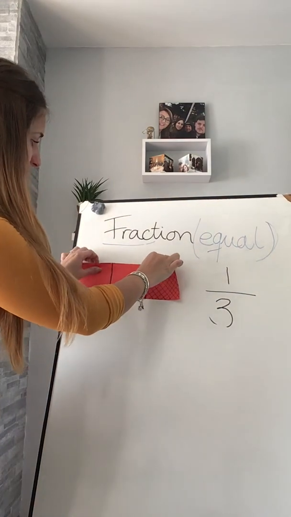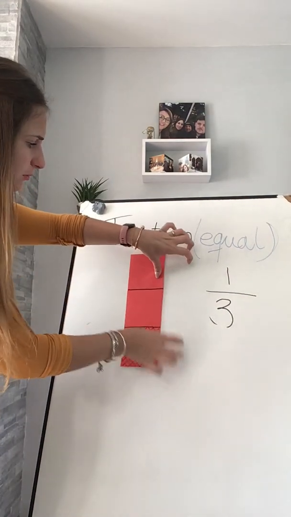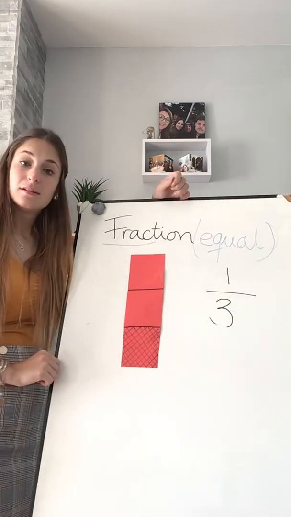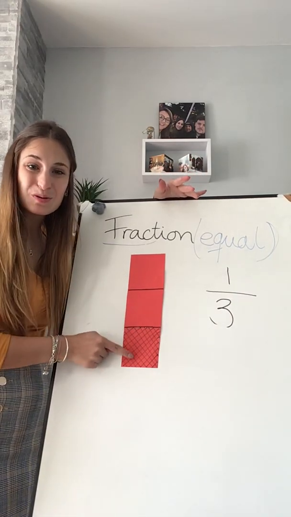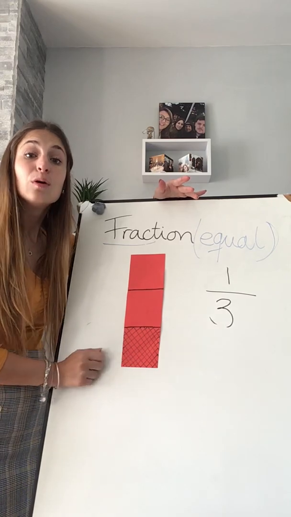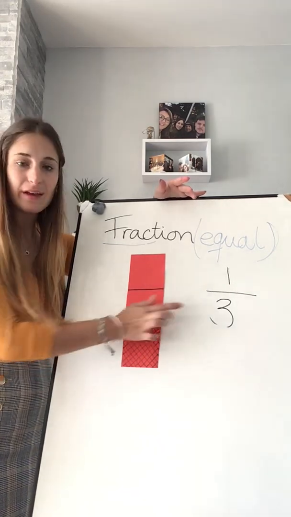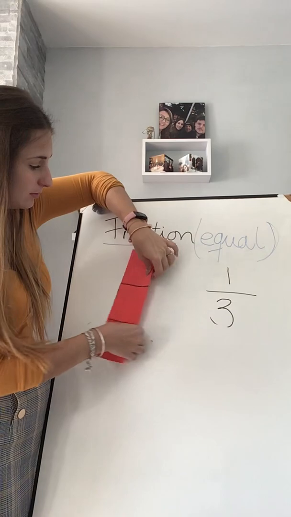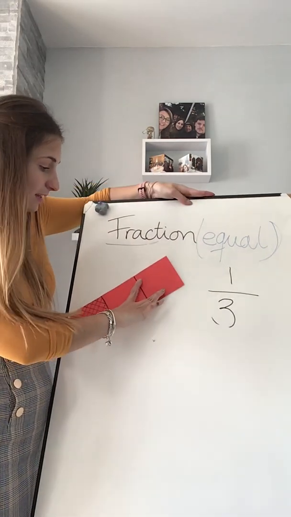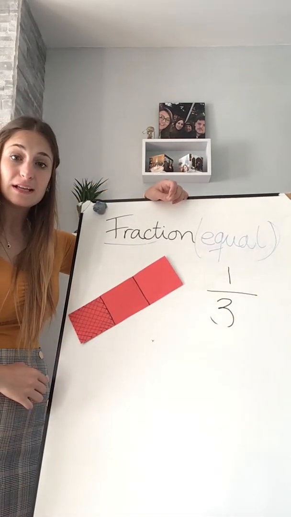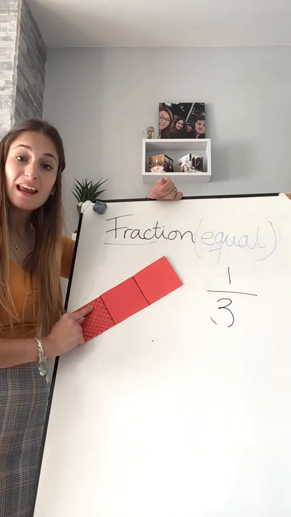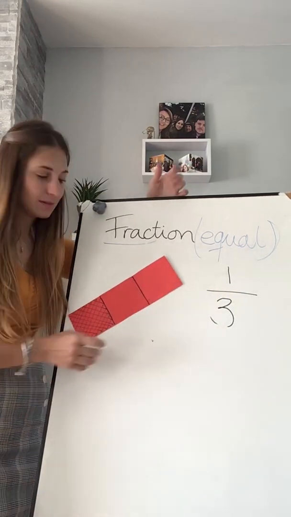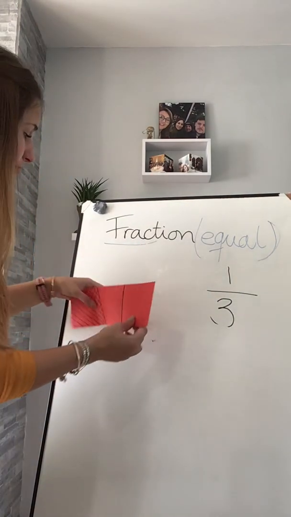How many equal parts? 1, 2, 3. How many have I taken? 1. 1/3. What about now? What is the fraction of this object? The same. 3 equal parts, and I've taken 1/3.